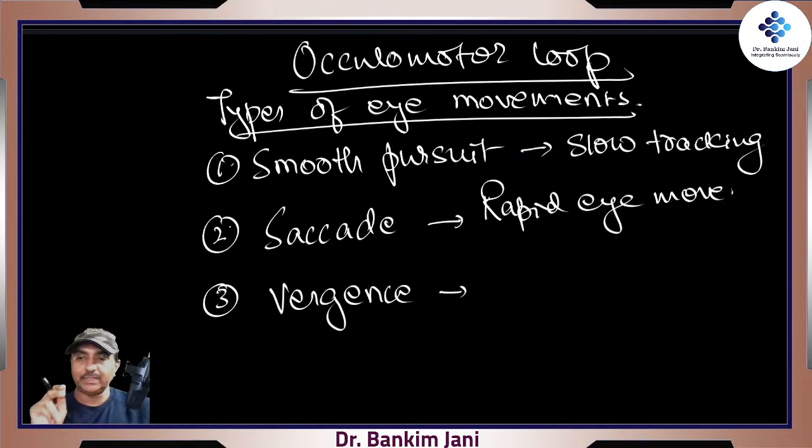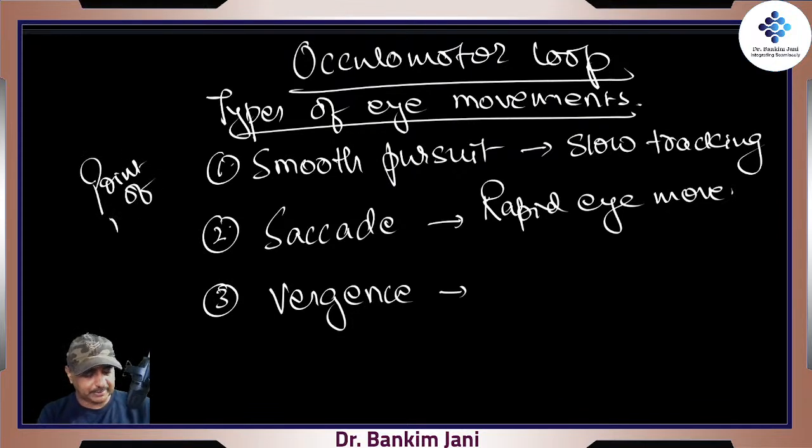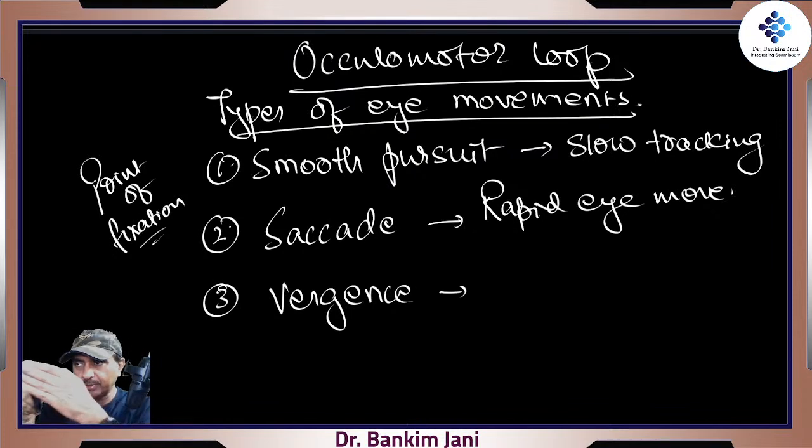Now it's not only rapid like just going right to left and left to right. No, it is like point of fixation. Do remember this point of fixation. So saccade is, this is one point, and then immediately your eyes move to the next point, and that is the second point of fixation.